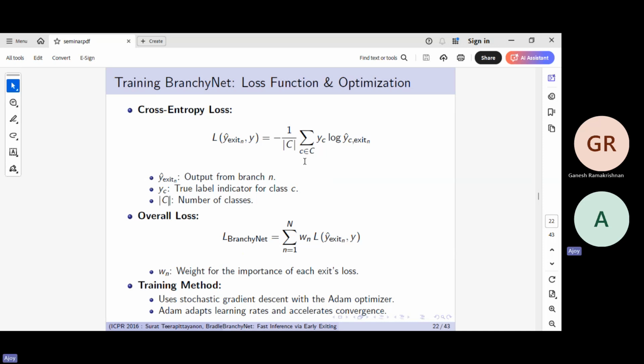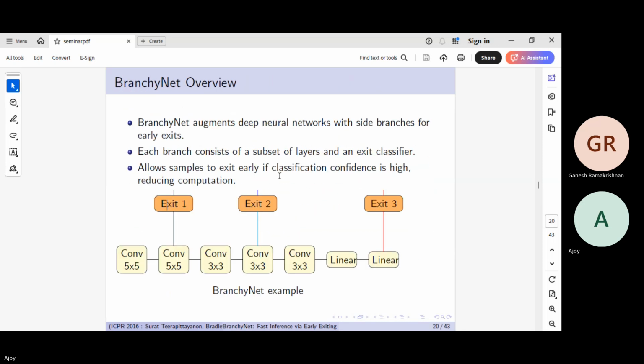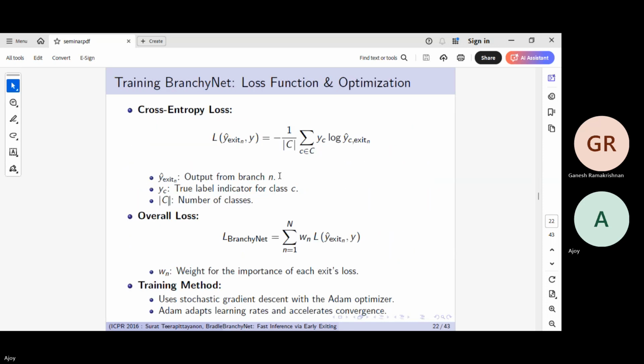There are only select branches, certain branches. The loss is of each branch exit.